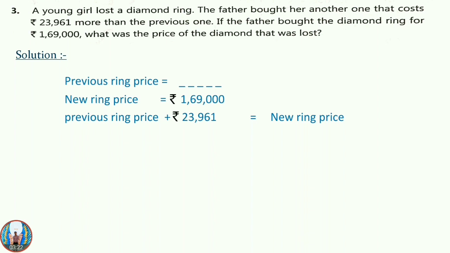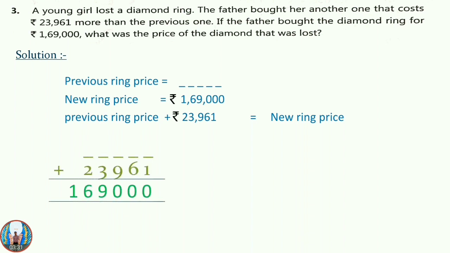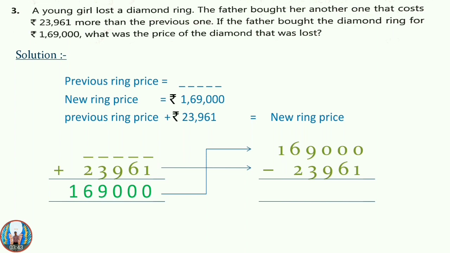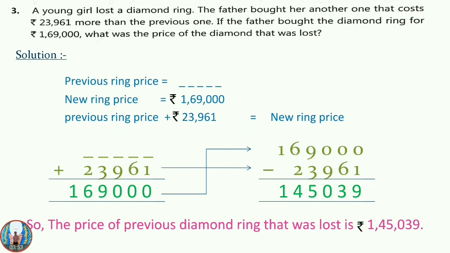It means the new ring price is 23,961 rupees more than the previous ring price. So we can write like this, and then we have to subtract the smaller number from the greater number, that is 1,69,000 rupees minus 23,961, that is 1,45,039 rupees. So the price of the previous diamond ring that was lost is 1,45,039 rupees.